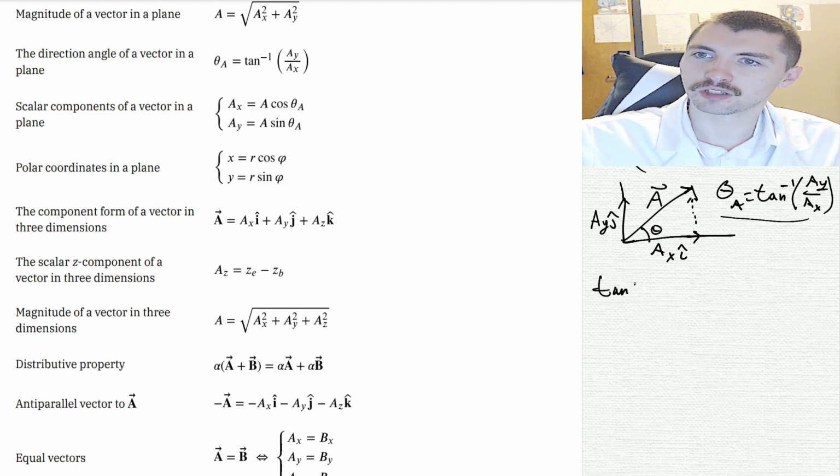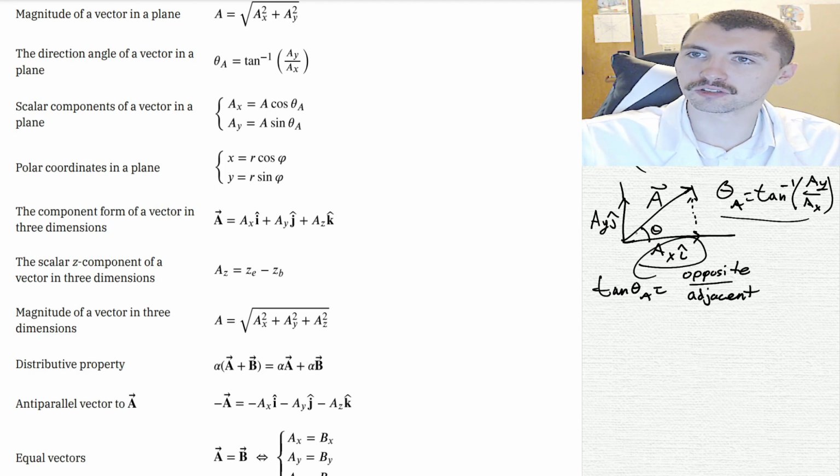Because tangent theta A is opposite over adjacent. So this is your adjacent, this is your opposite. Opposite because you're moving this over here. And that's just basic symmetry from geometry.